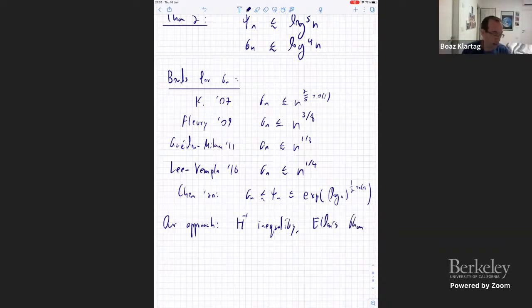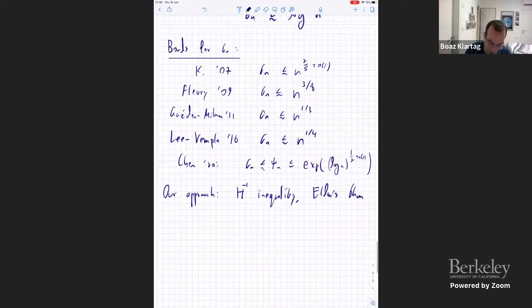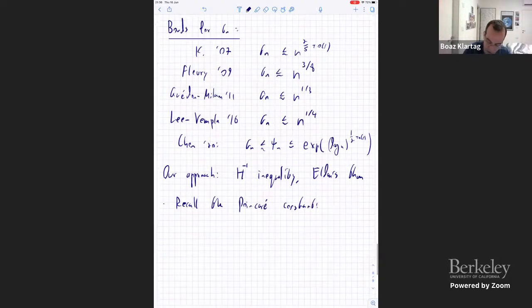So let me begin by recalling the Poincare constant. I'm sure you know it, on a graph. So what's the Poincare constant C_P of mu? For any probability measure, this is the minimal number C for which the Poincare inequality holds.